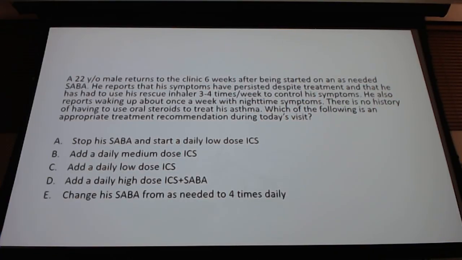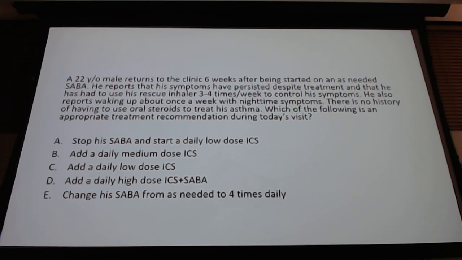We'll keep that one. Getting him a scheduled SABA is probably not. So we're looking at a daily medium low dose, add a daily low dose, or add a daily high dose Symbicort. So if we have him on an as-needed SABA, which step are we on in treatment?